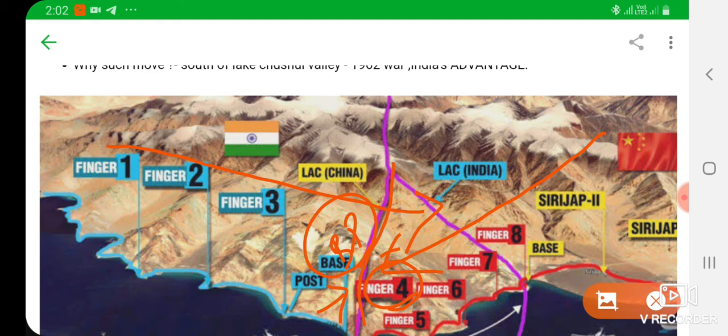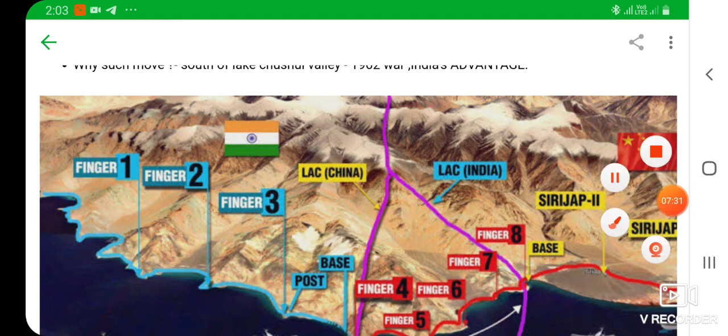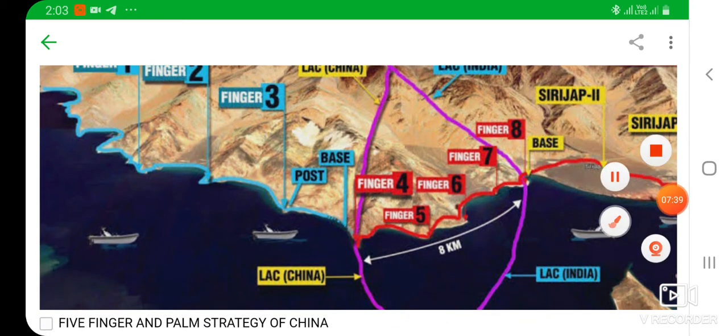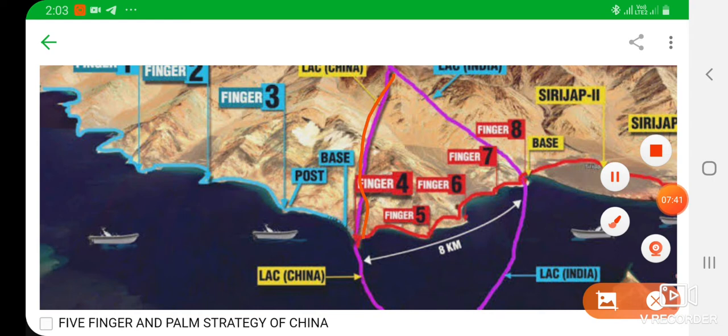And one of the important points there was Chushul Valley. Chushul Valley is located south of this area. I will show you. It is not clear in this picture, but if you draw a line here, on the Indian side lies Chushul Valley.